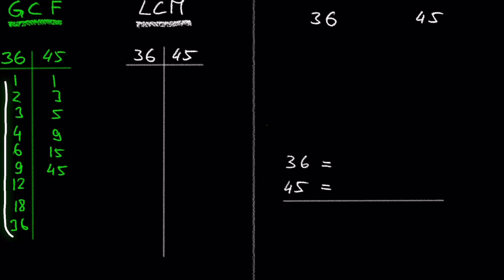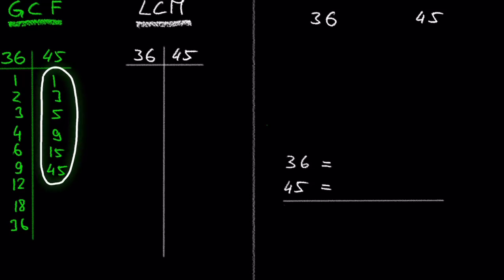All these numbers are factors of 36 because when multiplying these numbers with their partner numbers, we get 36. And all these numbers are factors of 45 because when multiplying these numbers with their partner numbers, we get 45. 1, 3, and 9 are all common factors of 36 and 45.